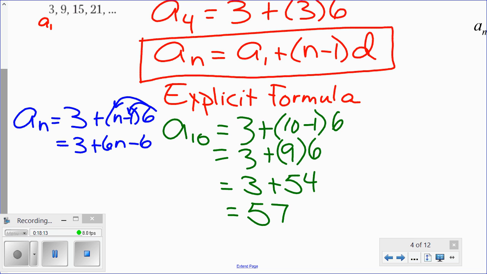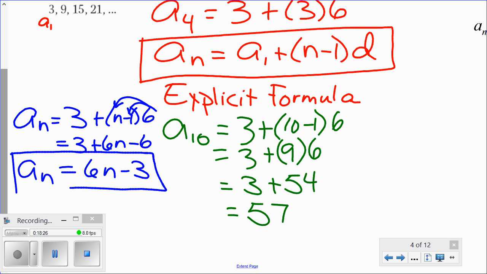Yes. Then it's equal to, so 3, well let's put the 6n first. 3 minus 6 gives us negative 3. What type of equation does that look like? What type of function does that look like? Linear, right?